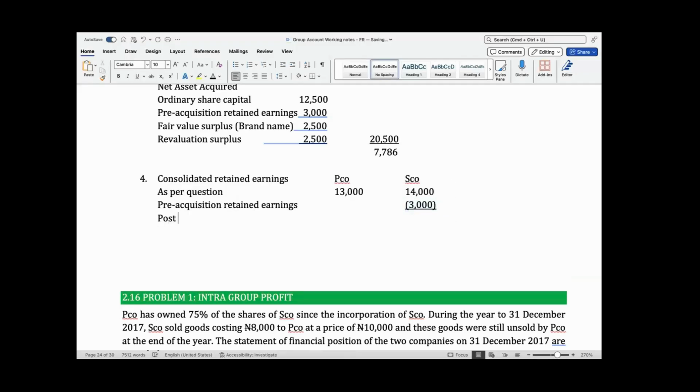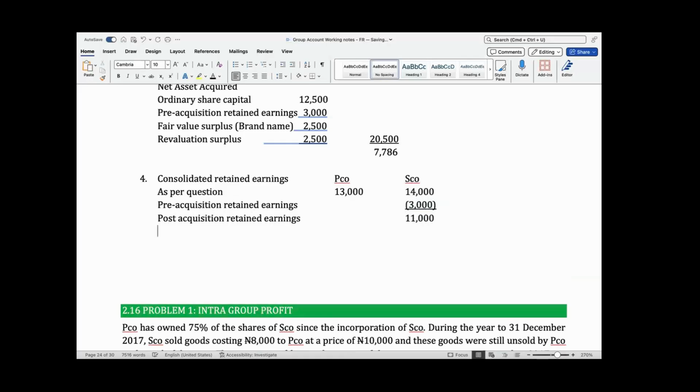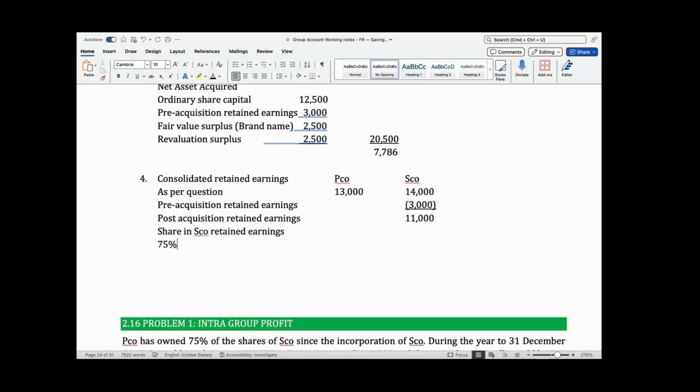That means the post-acquisition earnings is 11,000. So share in Escrow's post-acquisition retained earnings, that's 25% times 11,000.